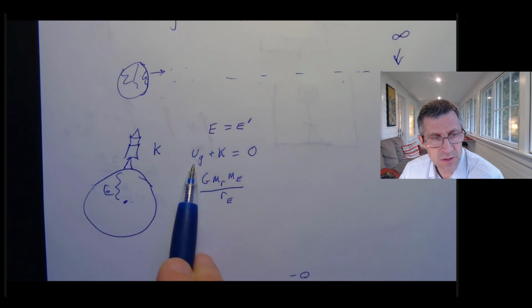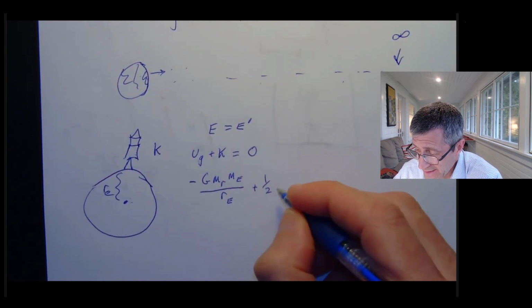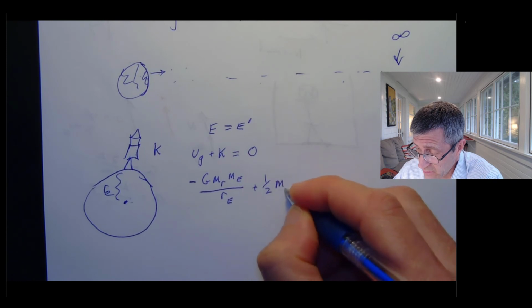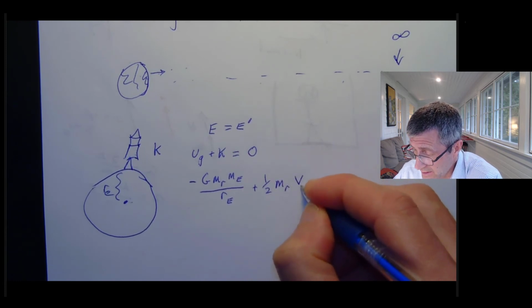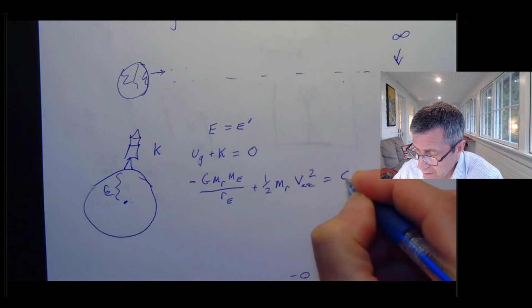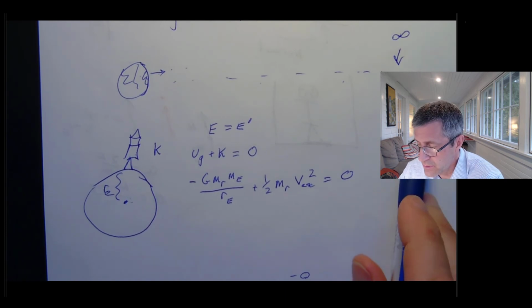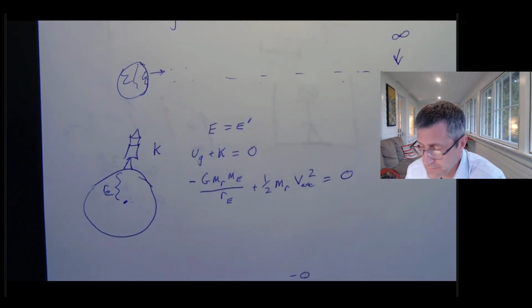That's my potential energy. I'm going to add to that whatever kinetic energy I need, 1/2 mass of the rocket times velocity, this is my escape velocity, squared. And for this to get to the edge of the universe with no potential energy, I'm going to set that equal to 0.